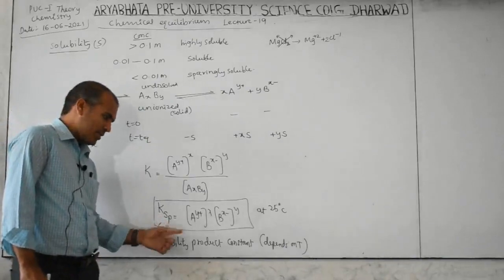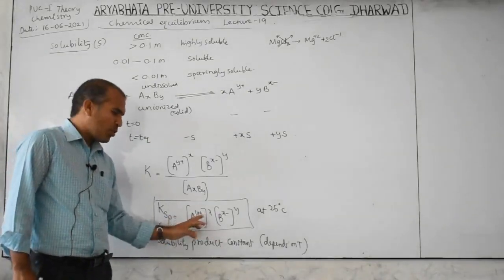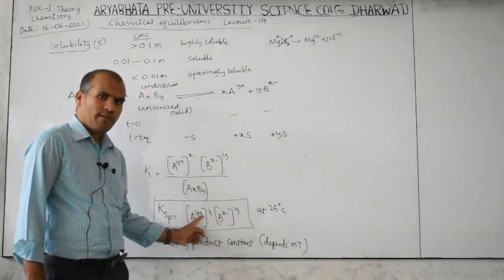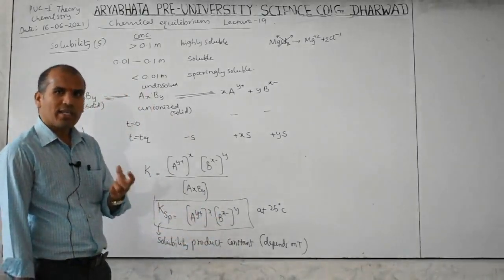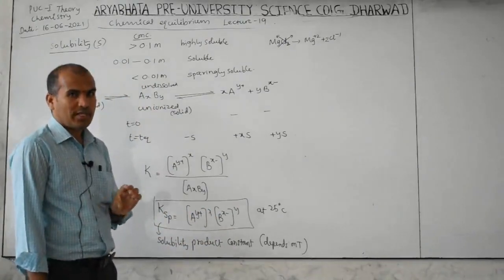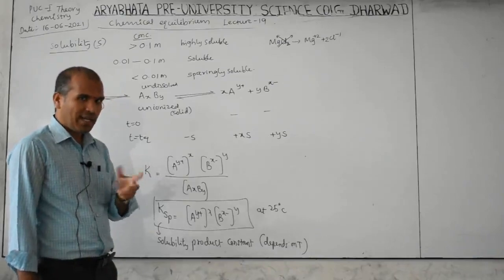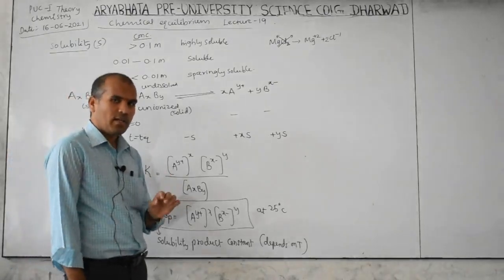Okay. Now based on this, what is the definition? Solubility product is the product of concentration of ions. Which ion here? Cation, anion, both are there. That's why I am using the word ions. Ions means both cation and anion.